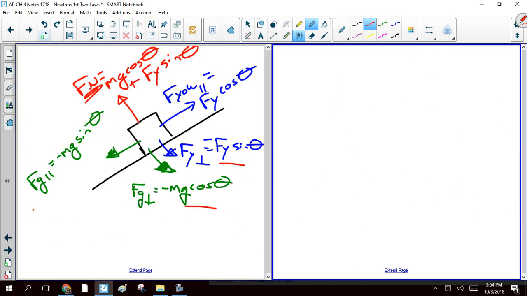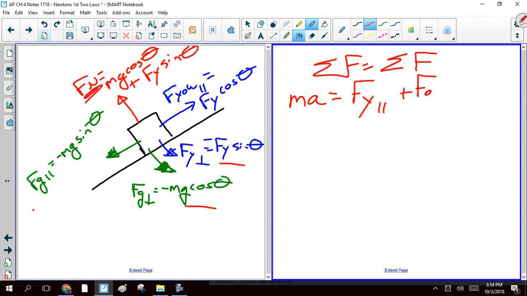So now the last thing is we got to do net force equals ma. Right? So let's see, net force. Our net force should be the mass of the box times the acceleration. That's got to equal FU parallel plus FG parallel. So ma equals FU cosine of theta minus mg sine of theta.